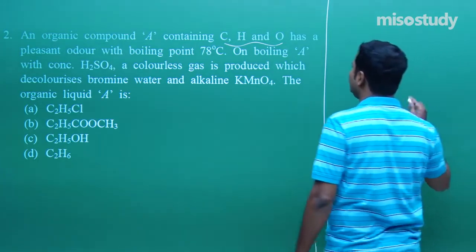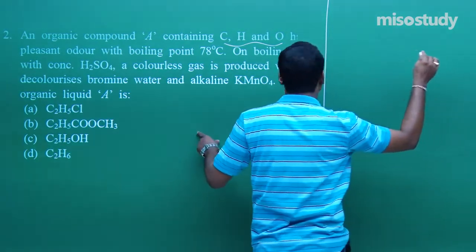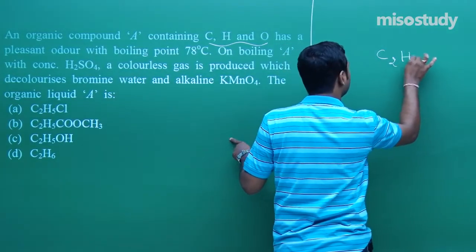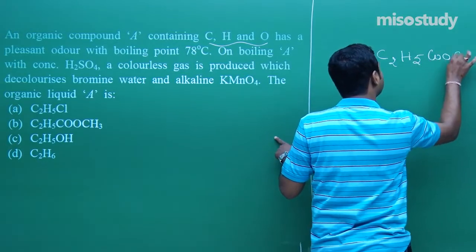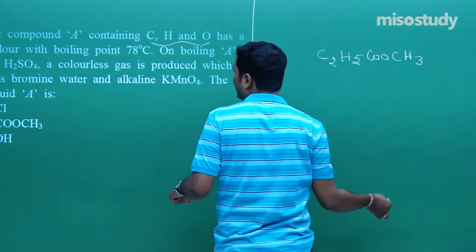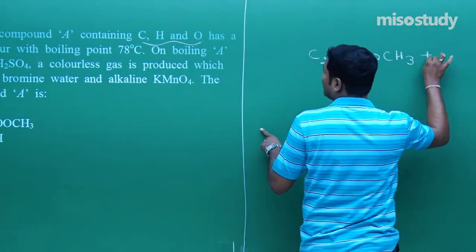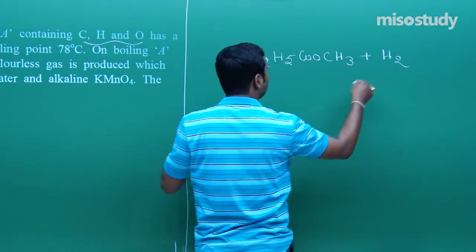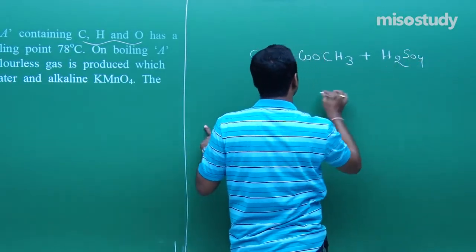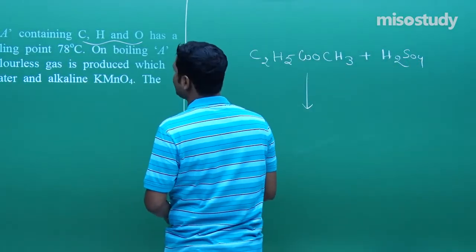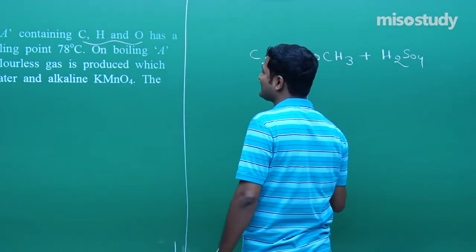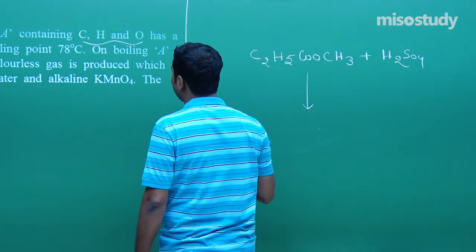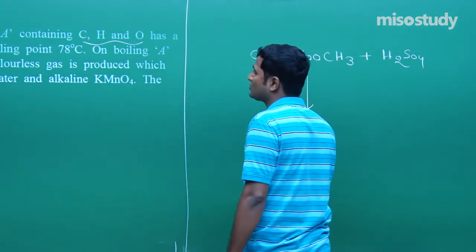Look at C, H and O. If I talk about C2H5COOCH3, which has a pleasant odor, on treatment with H2SO4, what will happen in this case? A colorless gas is produced which decolorizes bromine water and alkaline KMnO4 also.